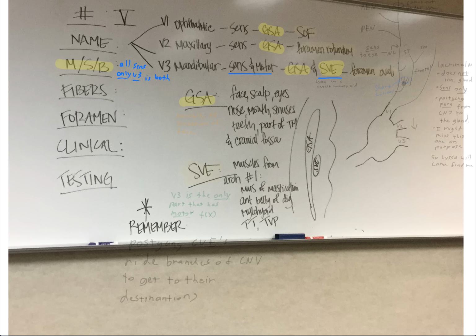It does sensation of the entire face, the anterior scalp, the eyes and the orbital cavity, your nose, your mouth, your paranasal sinuses, your teeth, and then a portion of the tympanic membrane and a portion of the dura and some of your cranial fossa. Huge sensory nerve. That's the most important thing you need to know. It basically is doing all of the sensation of the face.